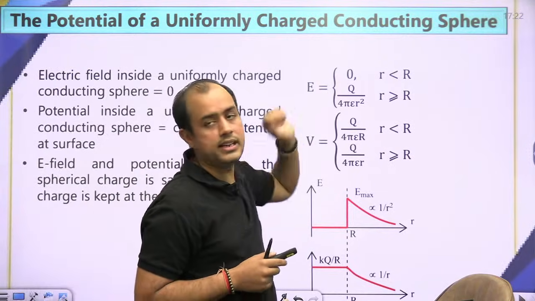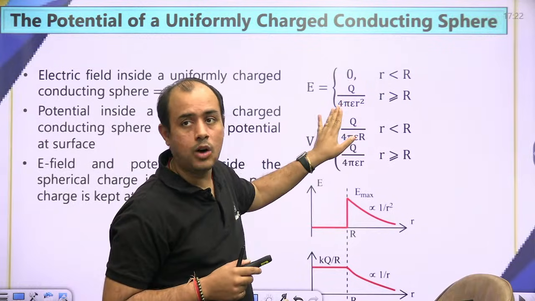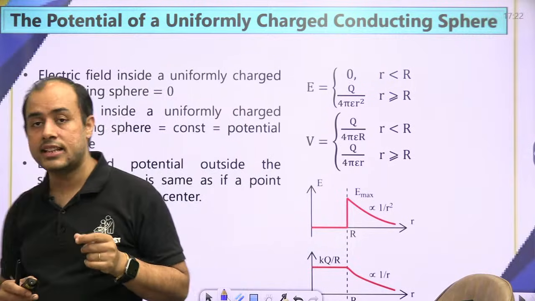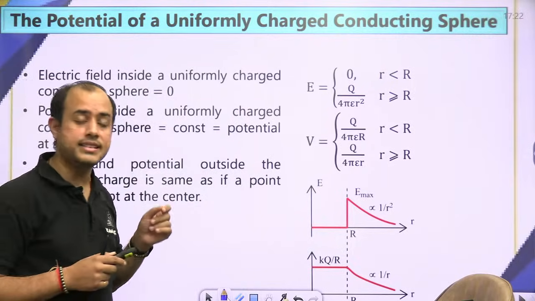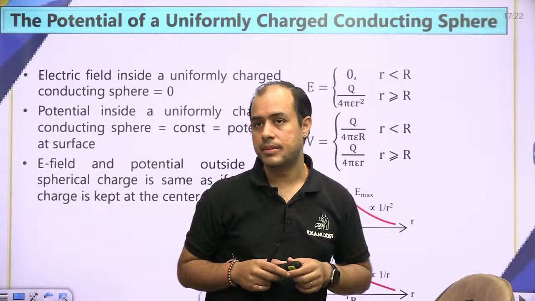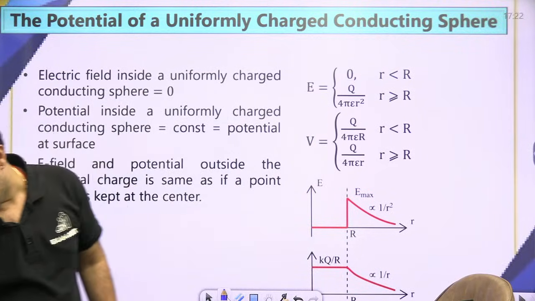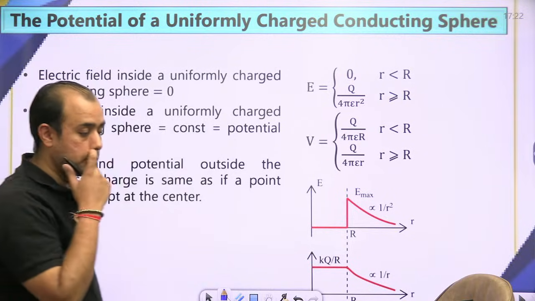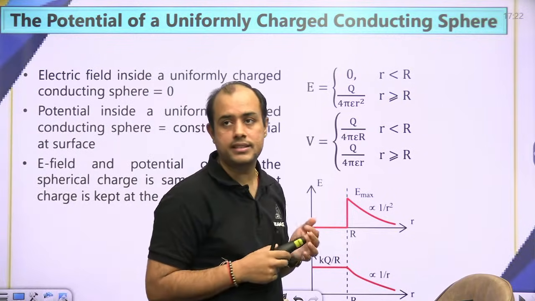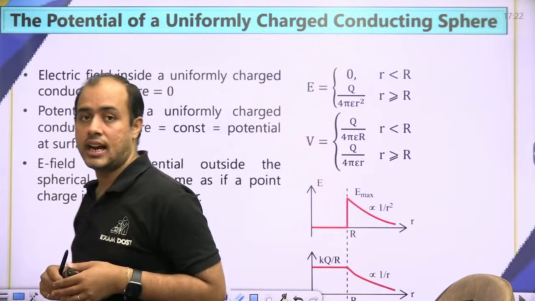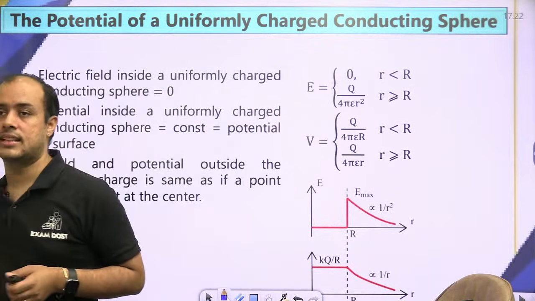So electric field is zero. And electric field outside, I already told you, it is same as a point charge where the entire charge is at the center of the sphere.